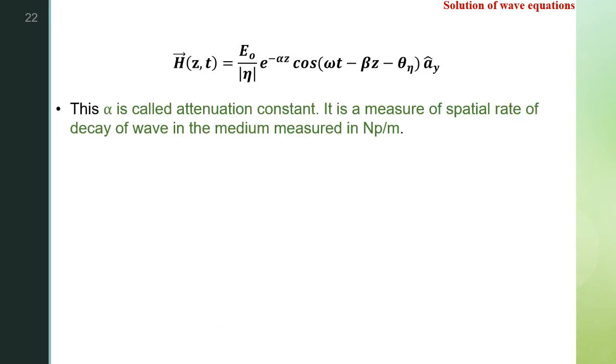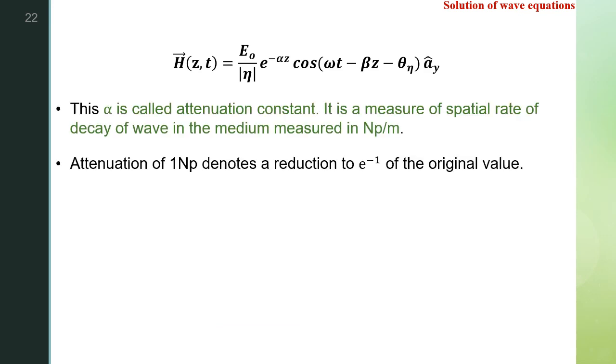The magnetic field intensity vector is E naught by eta e raised to minus alpha z cos of omega t minus beta z minus theta eta ay cap. This alpha is called the attenuation constant, measured in Neper per meter. It is the rate of decay of the wave as it propagates through the medium.